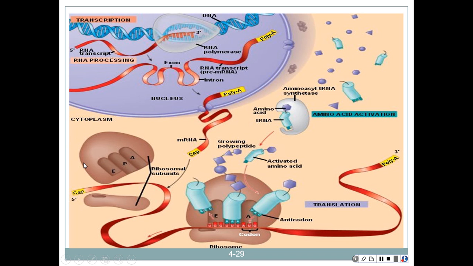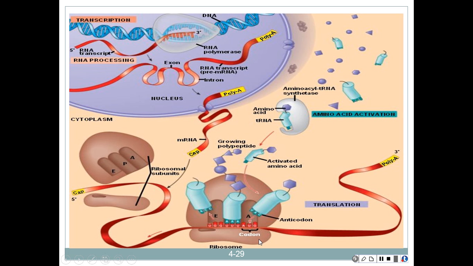So here's your large subunit, and here's your small subunit. When they come together, they form three pockets: site A, site P, and site E, where the tRNA binds.